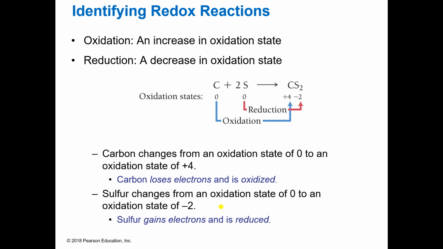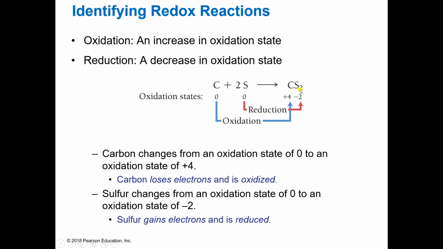So if I look at the example here, carbon all by itself in its solid, non-charged, free state has an oxidation number of 0. But on the product side, we know that sulfur is 2-. We know that because it is in the -2 column, so it'll take on the oxidation number equal to its charge. And there are 2 of them.